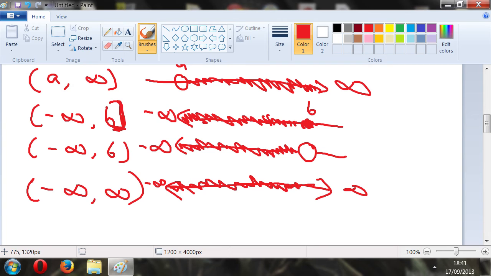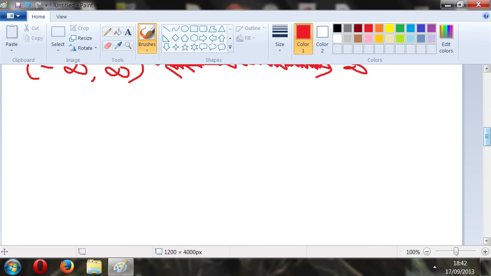All right. So how would this apply to various statements or inequalities that we might have? Well, if we say something like x is greater than 10, we can say that x can be anywhere from 10 to infinity.